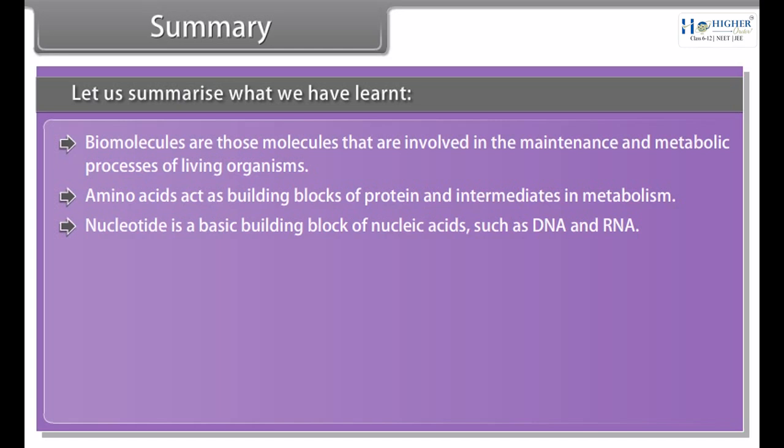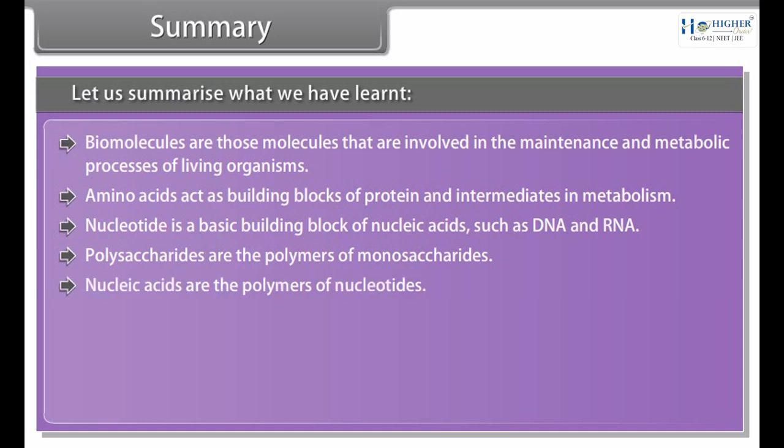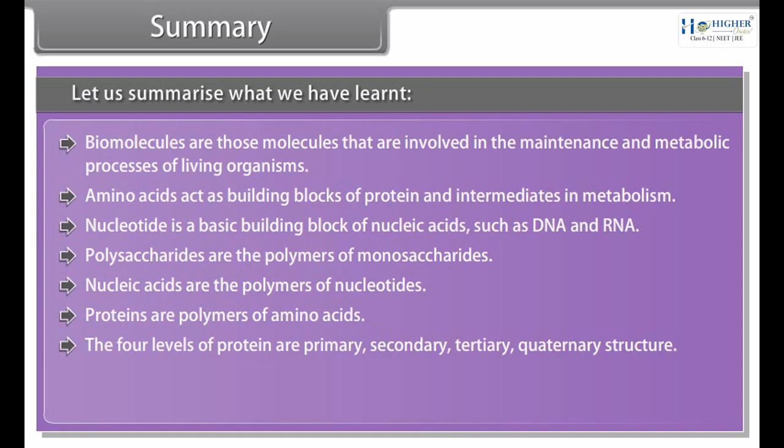Nucleotide is a basic building block of nucleic acids such as DNA and RNA. Polysaccharides are the polymers of monosaccharides. Nucleic acids are the polymers of nucleotides. Proteins are polymers of amino acids. The four levels of protein structure are primary, secondary, tertiary, and quaternary structure.